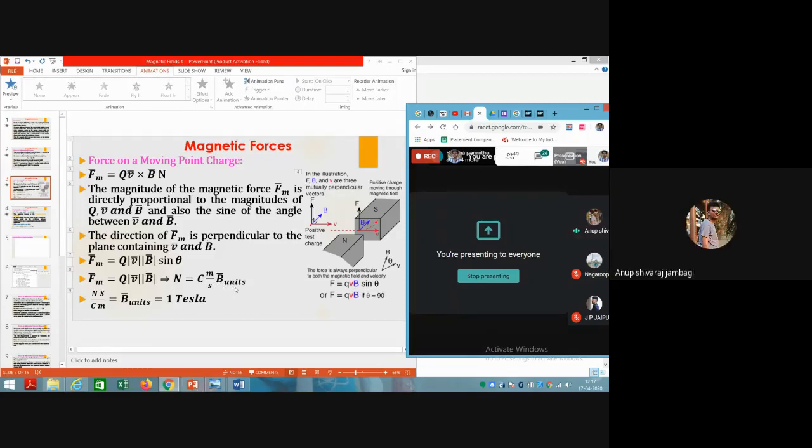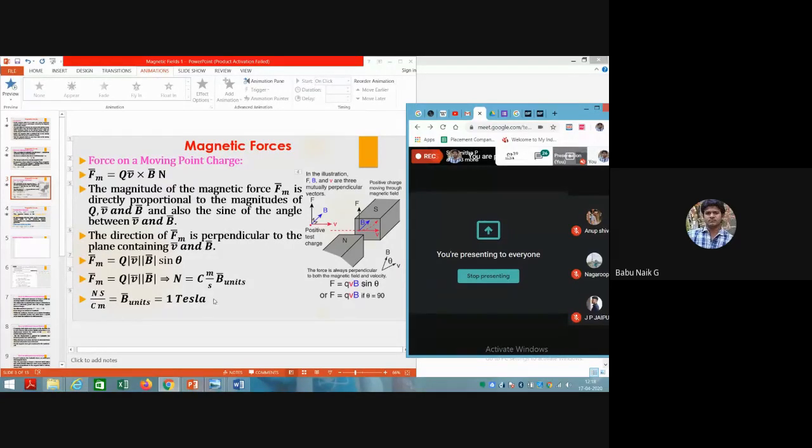Taking the magnetic field units to the left-hand side, the numerator is Newton second over Coulomb meter, which is equal to 1 Tesla. Taking all these units together, we get 1 Tesla.